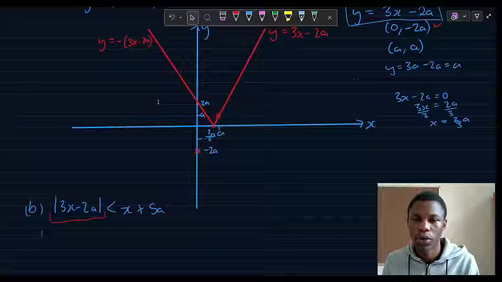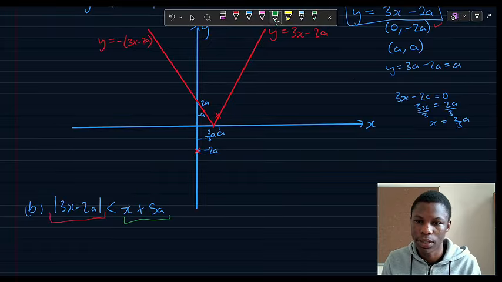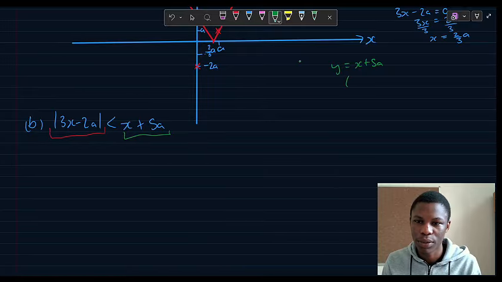Now we want to draw on the same plane the graph of the straight line y equals x plus 5a. So again, because this is a straight line, we need 2 points that lie on that line. So I'm going to take the point when x is 0, y is going to be 5a.